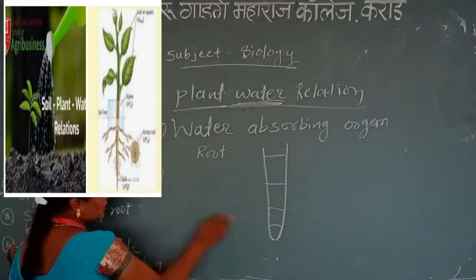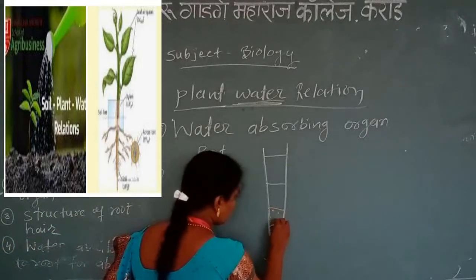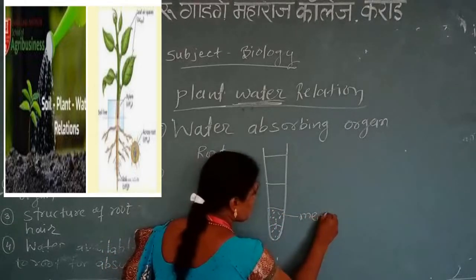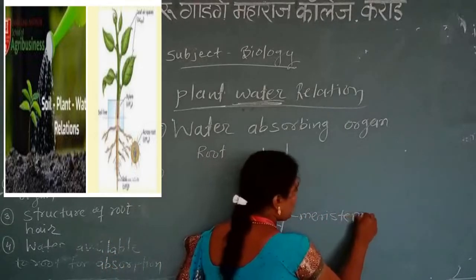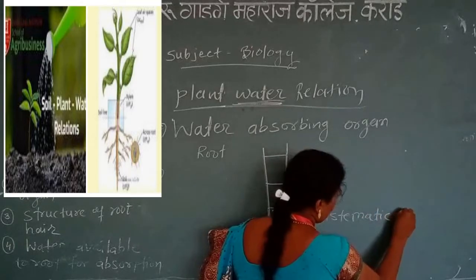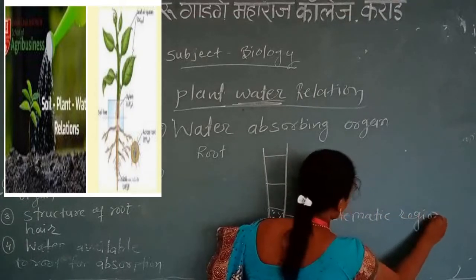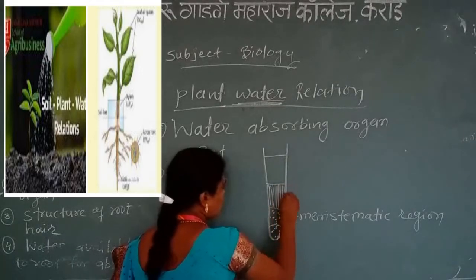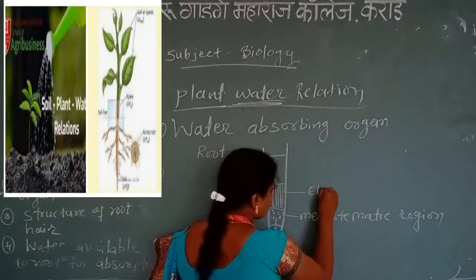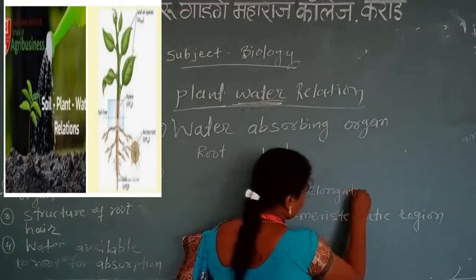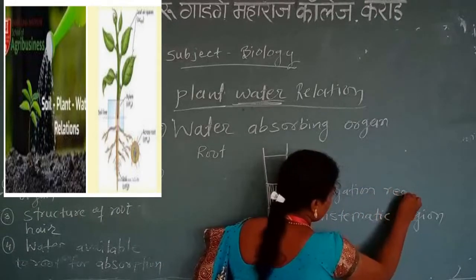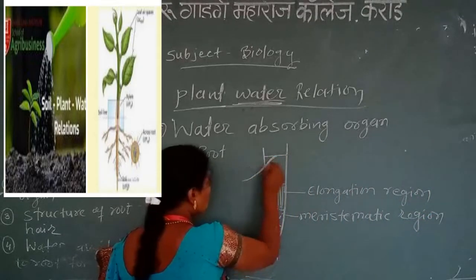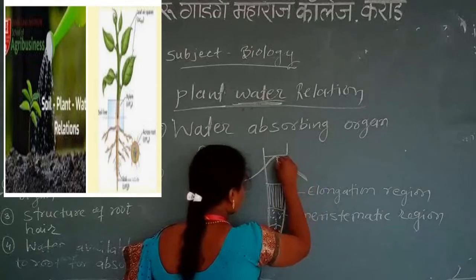So first one is meristematic region or zone. This one is elongation region, and third one is root hair region.